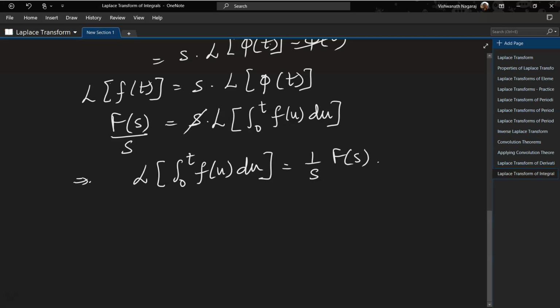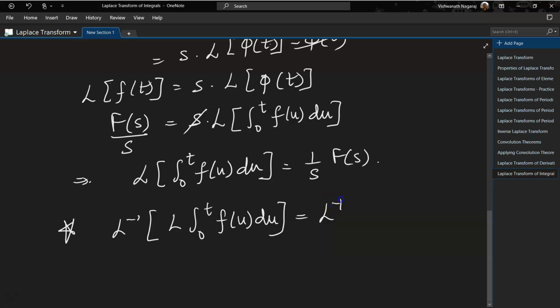Okay, now let's look at one additional aspect. Let's take the Laplace inverse of both the sides, right? So Laplace inverse of the Laplace of the integral 0 to t of f of u du is equal to Laplace inverse of 1 by s F of s. These two cancel out.